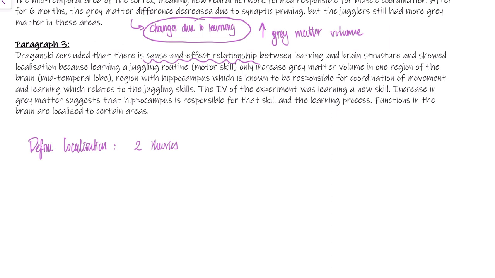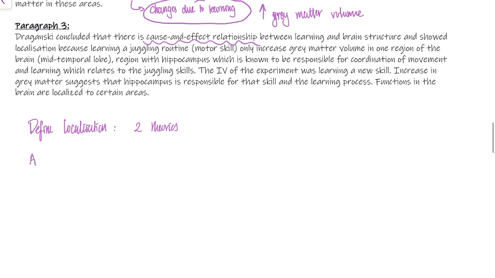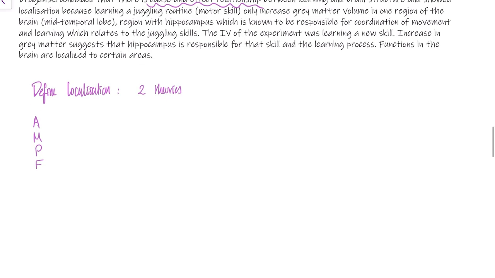And then briefly talk about the study, AMPF, the aim, method, procedure, and findings of the study. And then the third paragraph is the C, conclusion. And then the link to how the study supports localization.